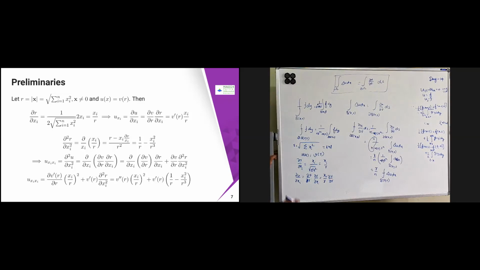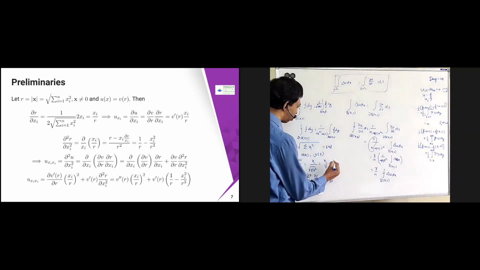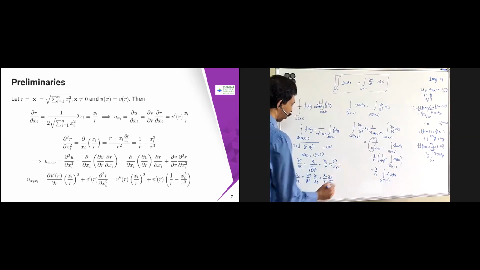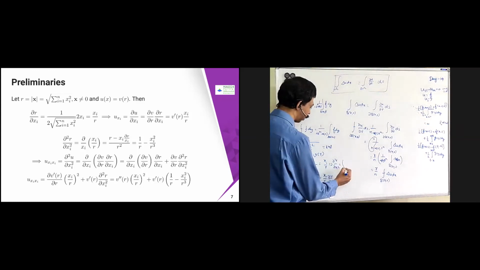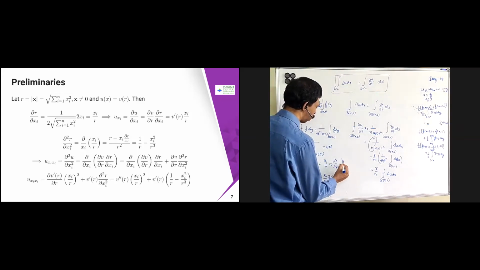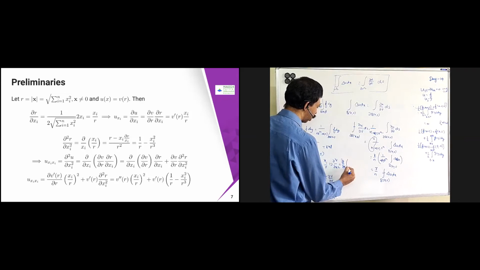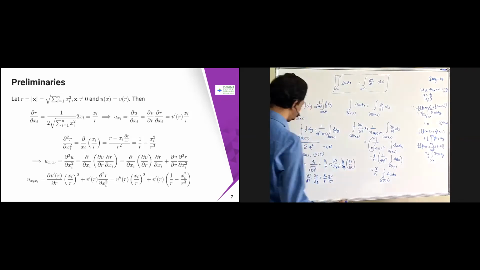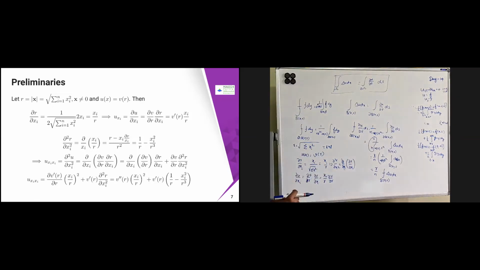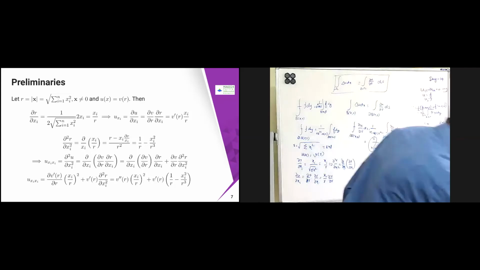Now in the same way, if you find dou square r by dou xi square, you need to differentiate, and you should be very careful because you will get different things. It is dou by dou xi of dou r by dou xi, and dou r by dou xi is xi by r. There is a small mistake here, it should be dou xi.